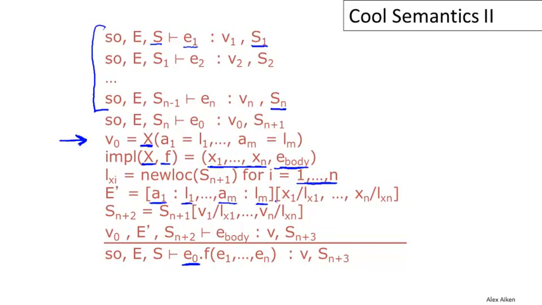Now, in addition, the formal parameters are also in scope inside of the method body. So we add to this environment with just the attributes all of the formal parameters, and they are at the new locations L sub x1 up to L sub xn. And notice one slight subtlety about the way this is defined.